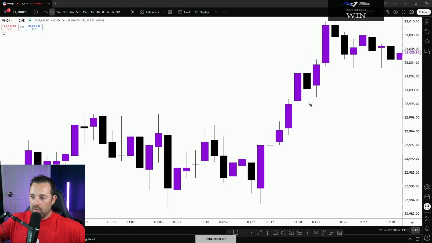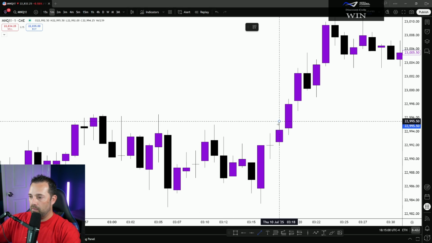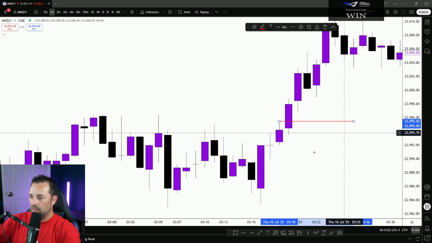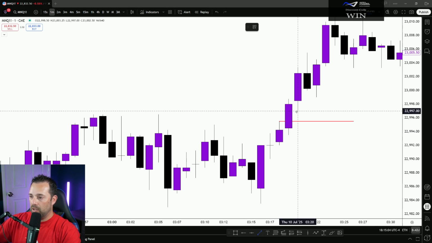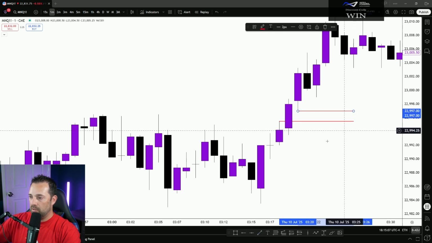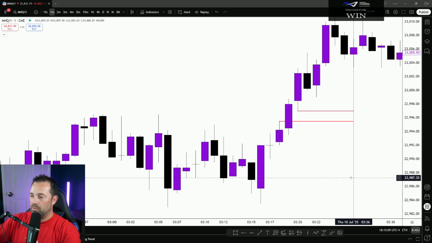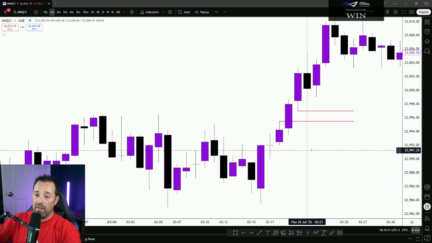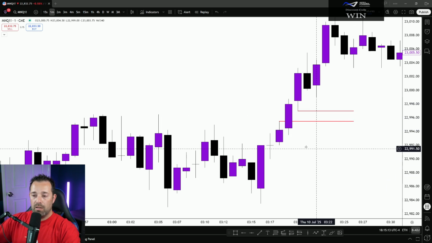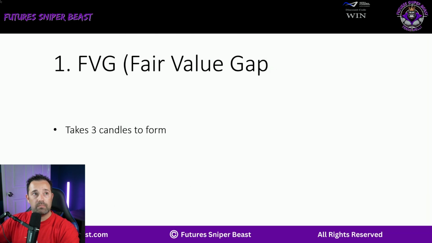Let me show you with the tool on the chart here in TradingView. If I mark out a line from the highest point of this one, and mark out a line from the lowest point of this one, you see that? There's a gap between them. And that's what you call a fair value gap right there.